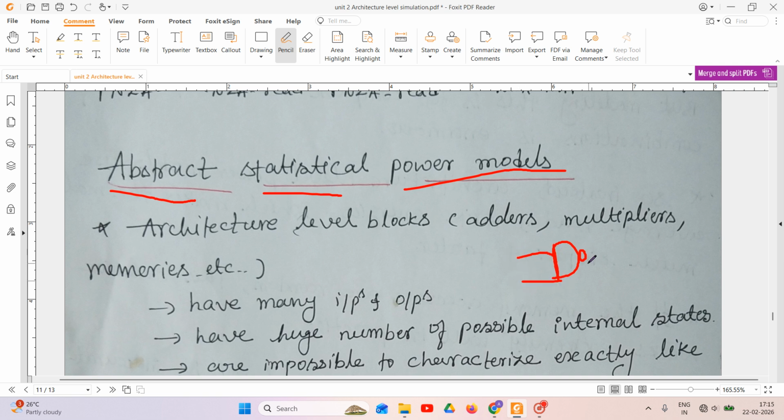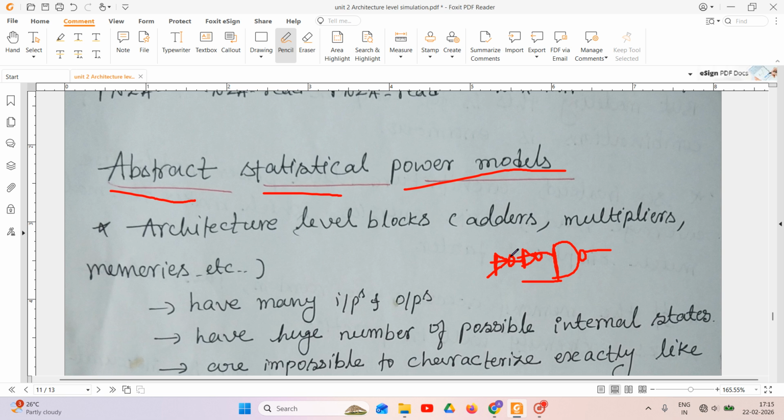So this is my gate, and this is one of the internal nodes. As the number of internal nodes increases, the switching activities also increase, and power utilization will be more.